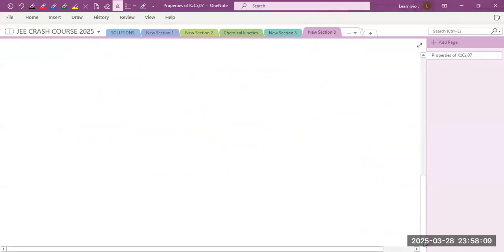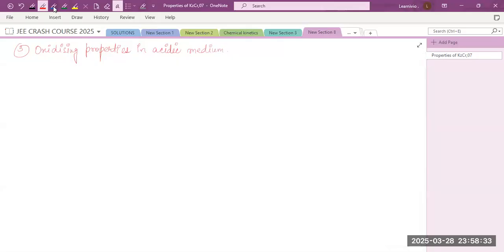Now see, third is oxidizing properties. In acidic conditions, acidic medium, potassium dichromate acts as a good oxidizing agent, right?